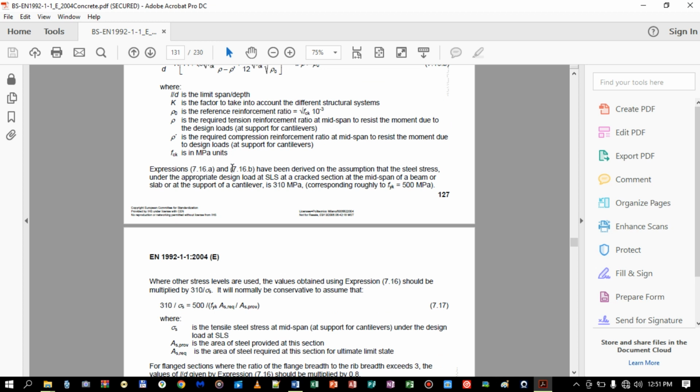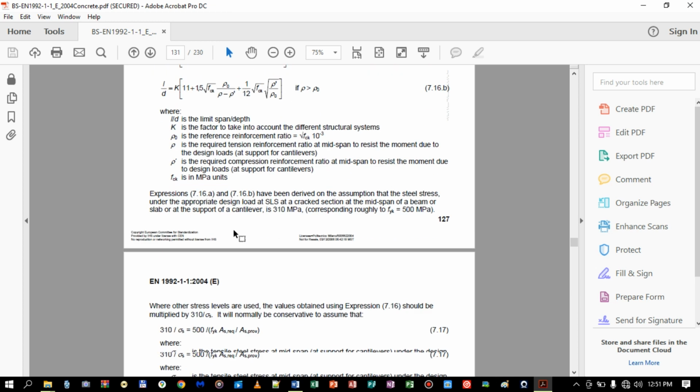This statement says that all the values in the table have been derived on the assumption that the steel stress at the design load at a cracked section at mid-span of a beam or slab, or the support of a cantilever, corresponds roughly to fyk, the yield stress for the steel, being 500 megapascals.